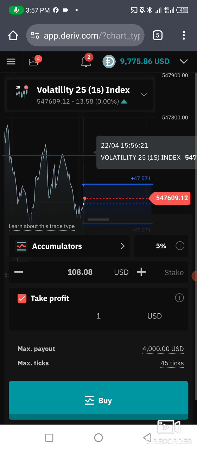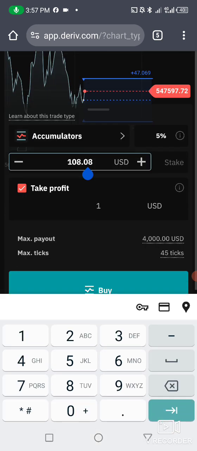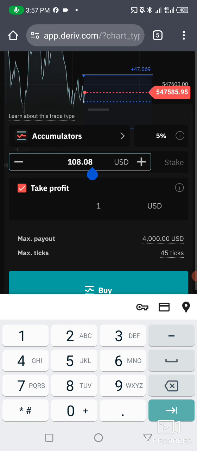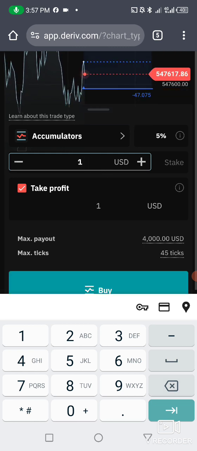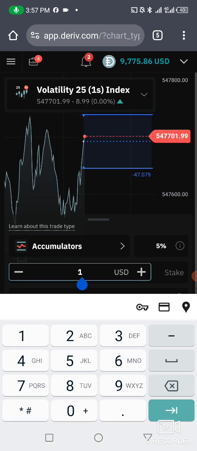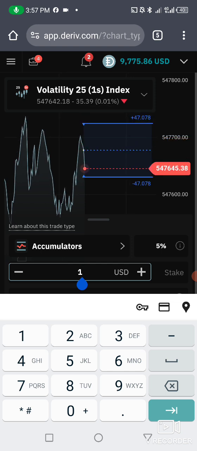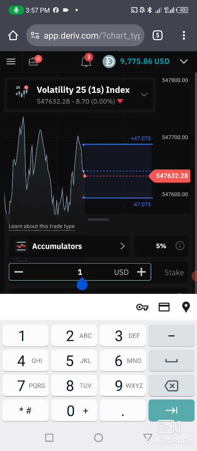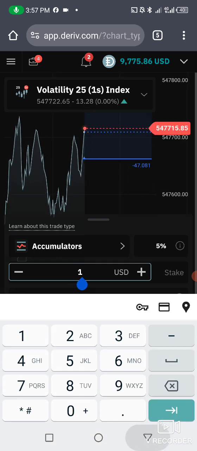Okay, so this place is where you type the amount you want to stake. You can use this plus sign to increase it, or use the minus sign to reduce it.